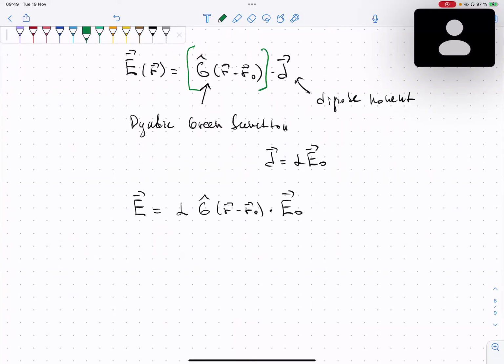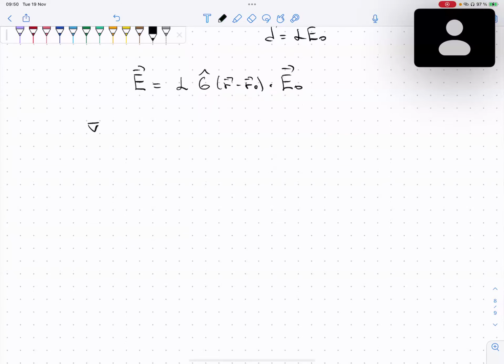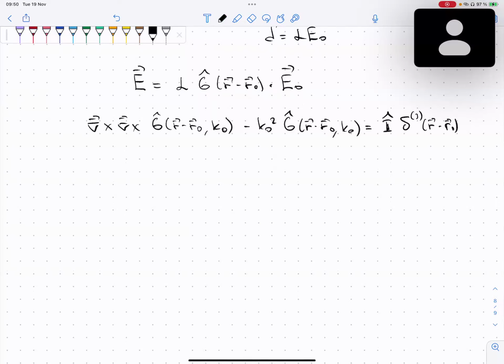So the expression will be like this. I will just show it to you, and then I will explain it. We have a dyadic green function, which is a solution of the following equation: minus k0 squared of the following equation, r minus r0, k0 equals unit tensor and delta function.